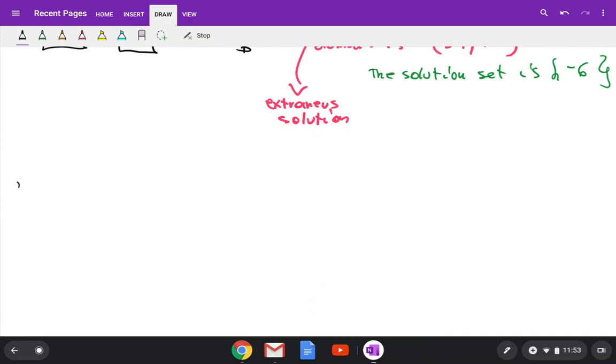So I picked problem 31, also from your textbook, from the same page. And here the equation looks that way.